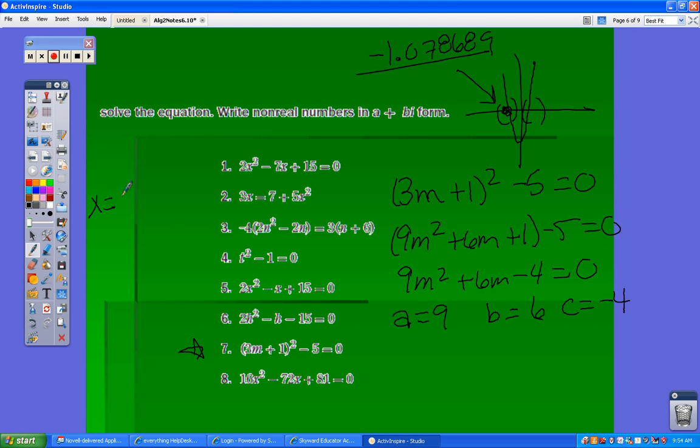x equals negative b, which is negative 6, plus or minus the square root of b squared, which is 36, minus 4 times a times c, which is negative 36, all over 2a, which is 18. Negative 6 plus or minus, let's see here, 36 plus 4 times 36, oops, 180 maybe? Hope that's right.